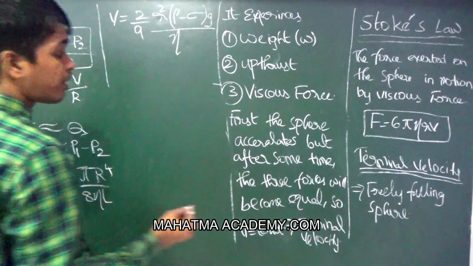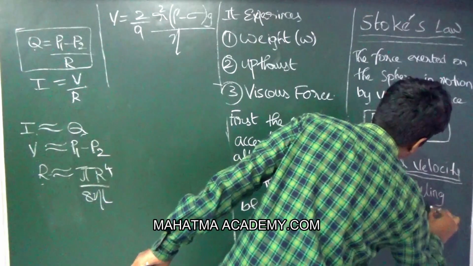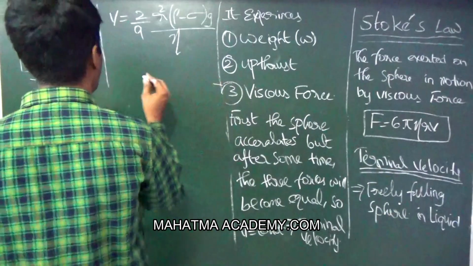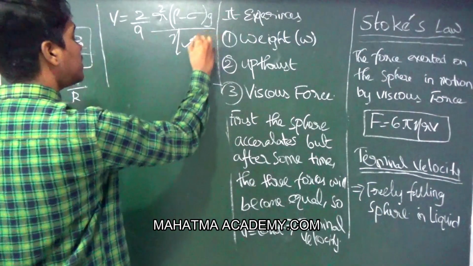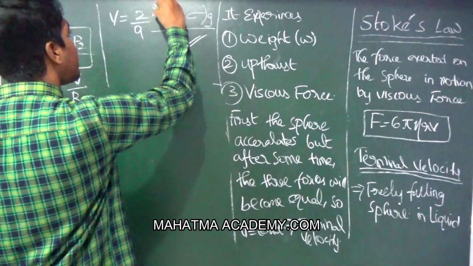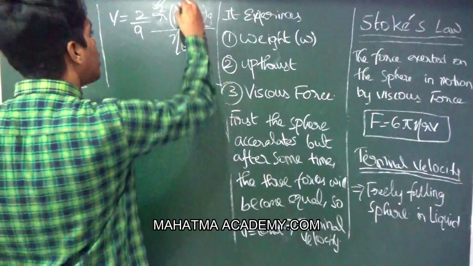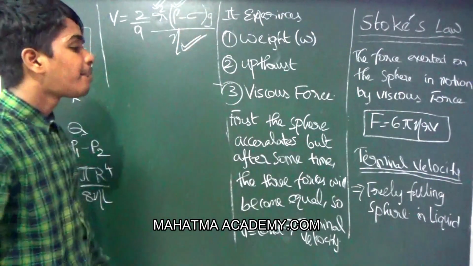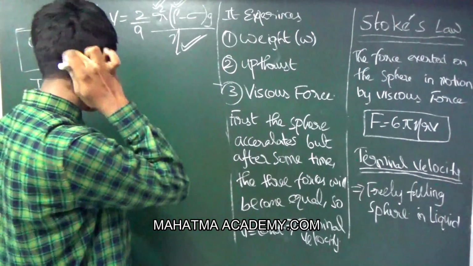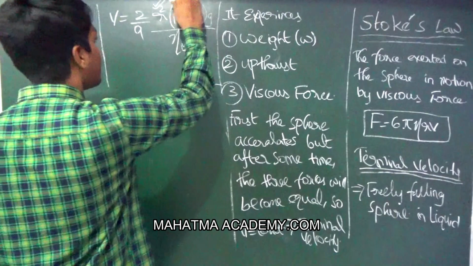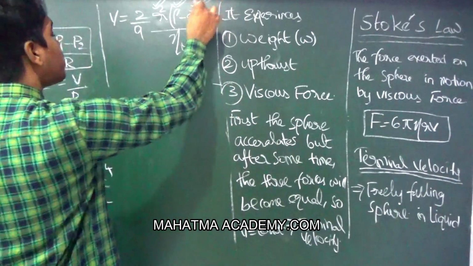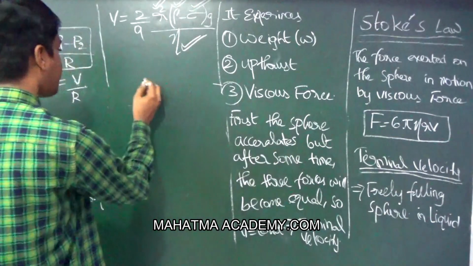Now in liquid, here we know that eta is the coefficient of viscosity, r is the radius of the sphere, rho is the density of the fluid, and sigma is the density of the solid sphere.